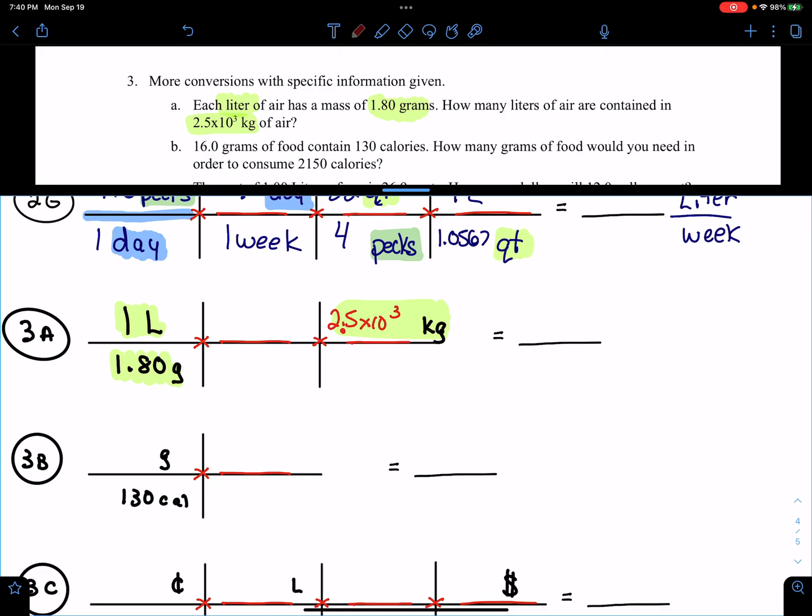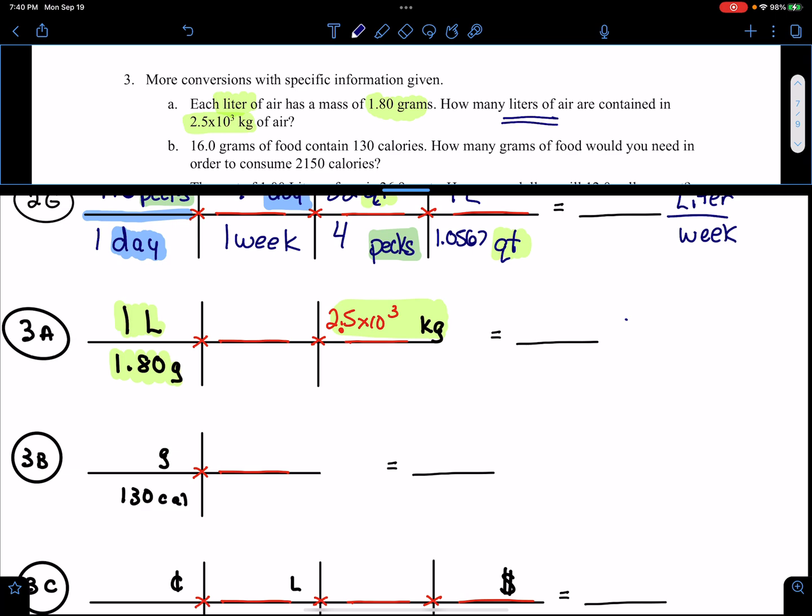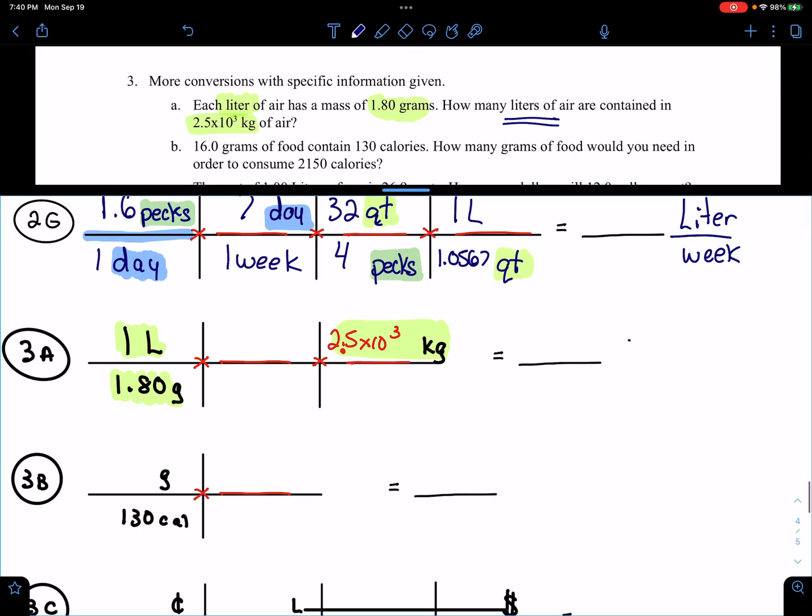What we need is a conversion to change. What are we changing to? This just says how many liters are contained. So we got to get rid of this grams thing, because the only thing it wants us to have left, it says how many liters of air. So I want this over here to just be liters. Now, how do we do that?